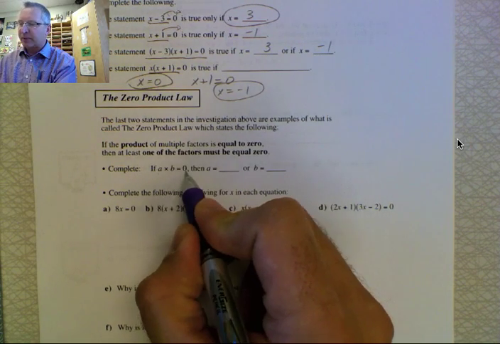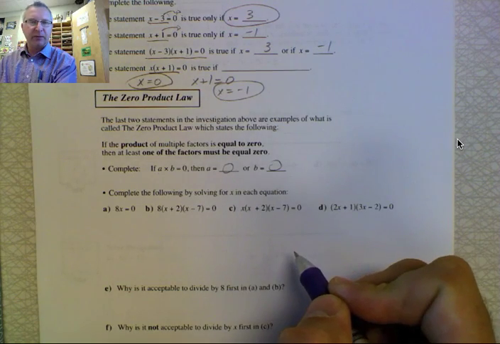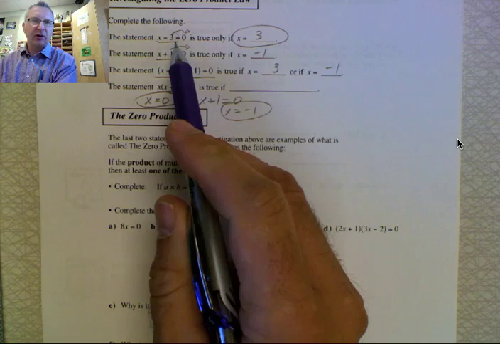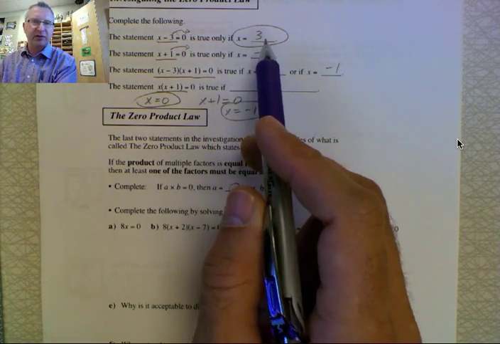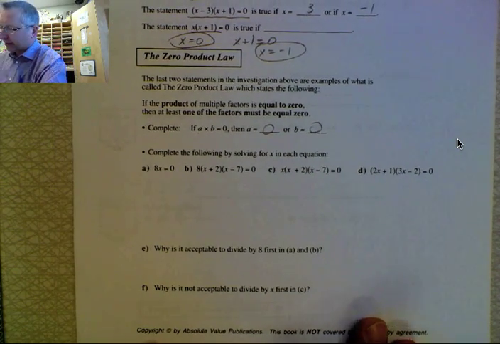So if you have a times b equal to 0, then either a equals 0 or b equals 0. That leads us to solving equations where once we have factors, we equate them to 0 and we solve for x. So we're going to look at a couple of these examples here.